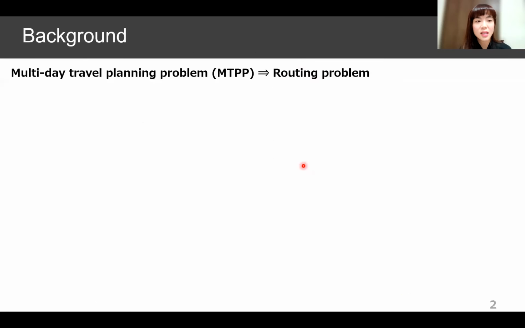In this study, we focus on a problem called the multi-day travel planning problem, also called MTPP. As you may tell from the name, it's a routing problem. We can consider the MTPP as a generalization of the traveling salesman problem.